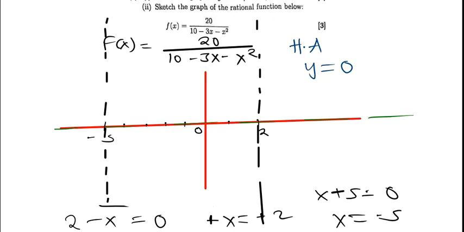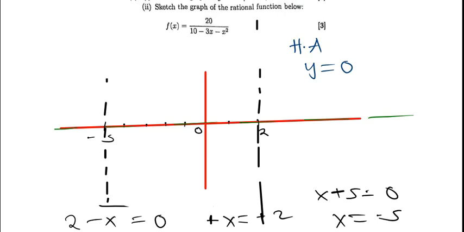So let's try to see now. I can do a little bit of testing to help us. So think of the values that we have. We're trying to deal with values between -5 and 2 and outside these. So let's start by trying a value between -5 and 2.